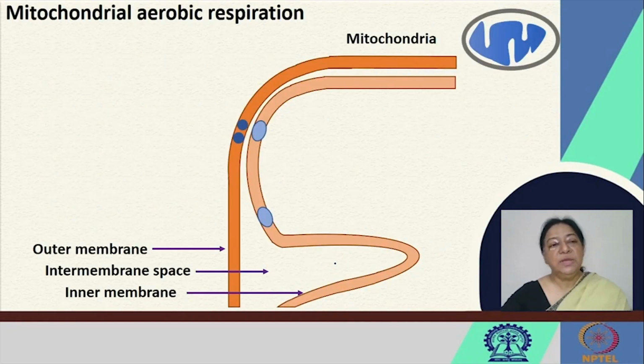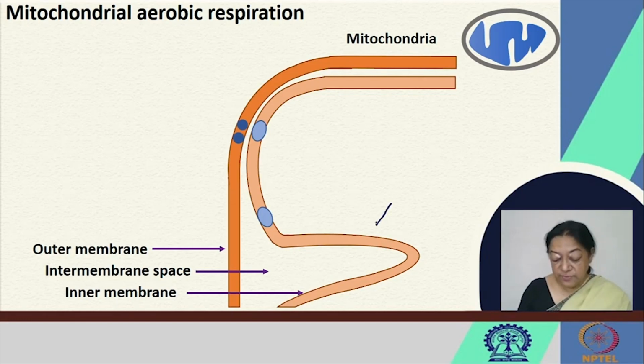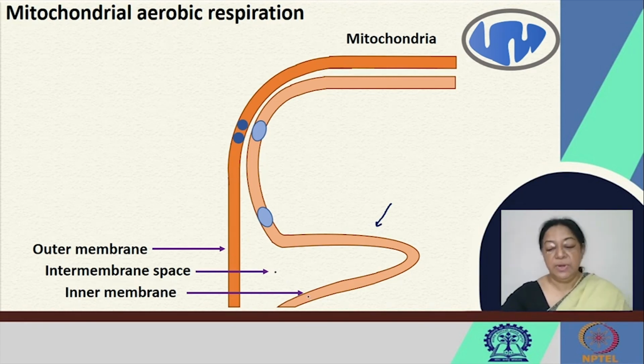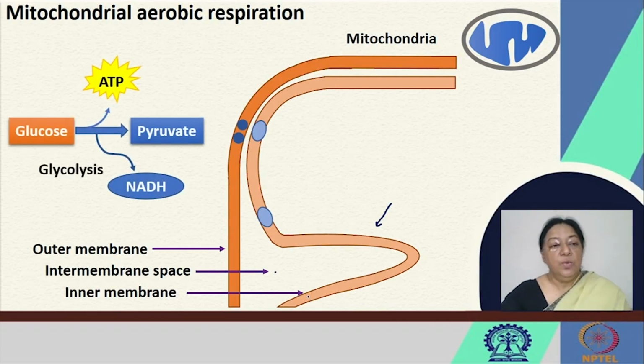When we look at mitochondrial aerobic respiration, these are the folds of the membrane known as the cristae. We have the outer membrane, the intermembrane space, and the inner membrane. We have the glucose breakdown, formation of pyruvate, that then has several electrons that get into the mitochondria.